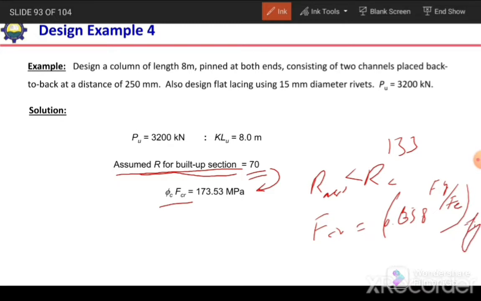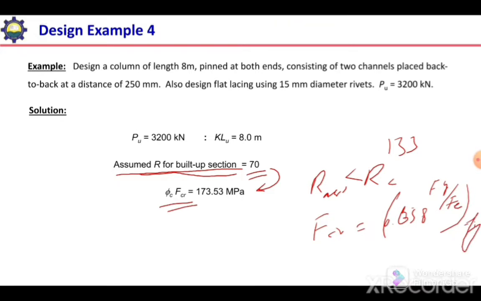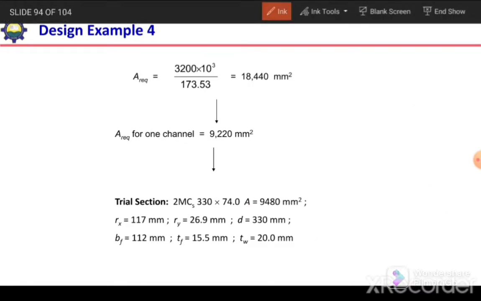By using this expression we can calculate phi c Fcr. Once we have phi c Fcr, we can calculate the area required, Pu divided by phi c Fcr. So it will give us the required area. This is for double channel. For a single channel section it will be half of it, so divided by 2.